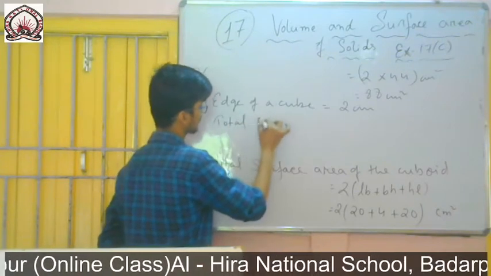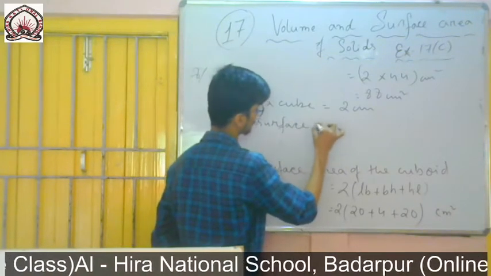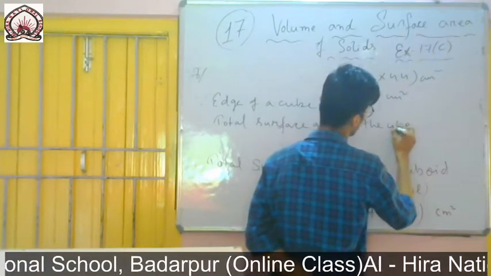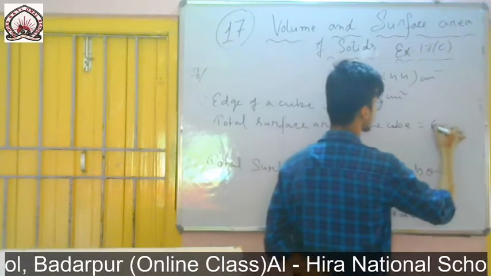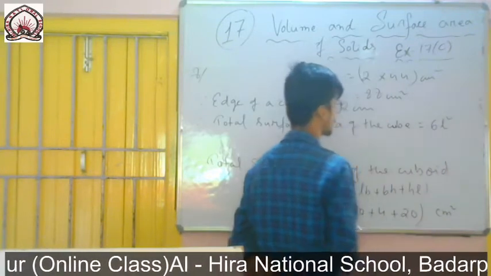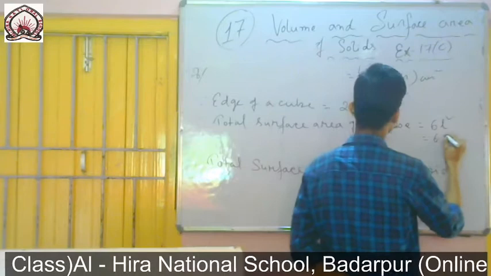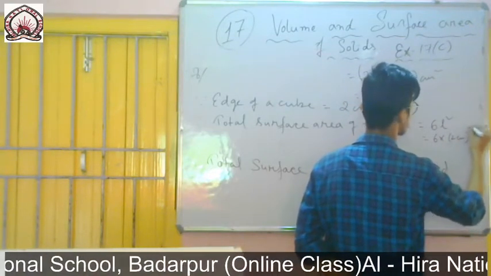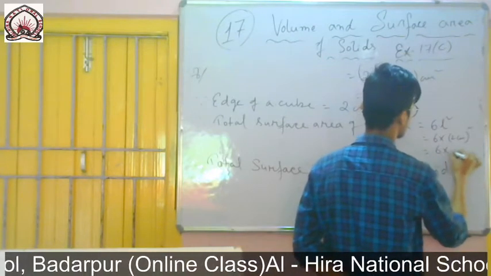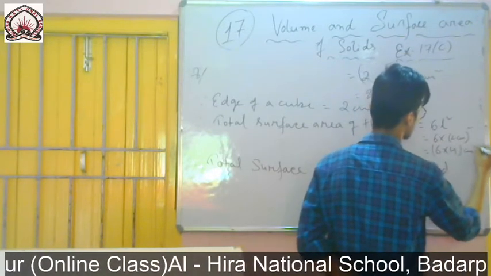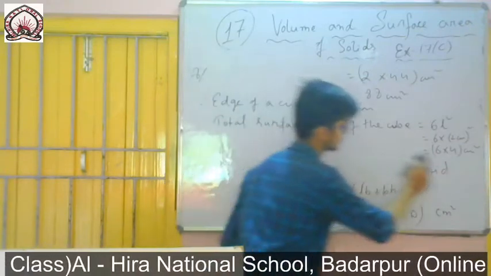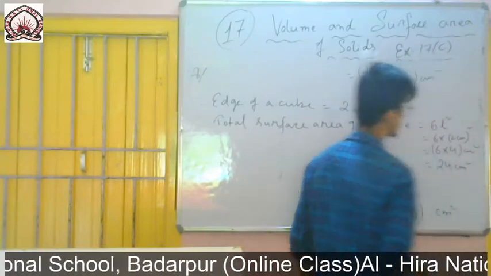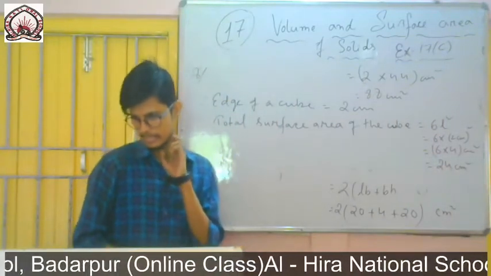Therefore total surface area of the cube will be equal to 6L square. So it will be 6 into 2 square, that means 6 into 4 centimeter square, 6 4s are 24 centimeter square.